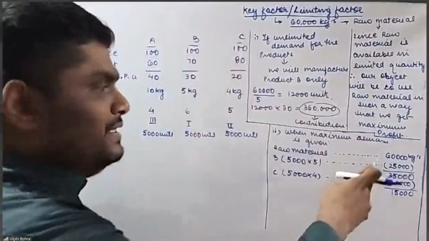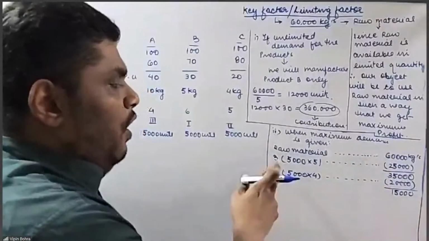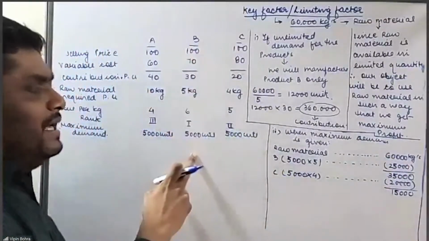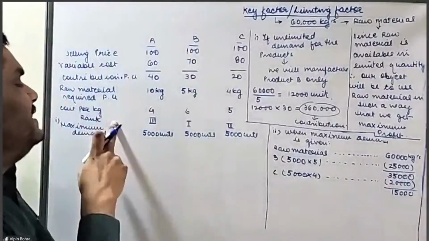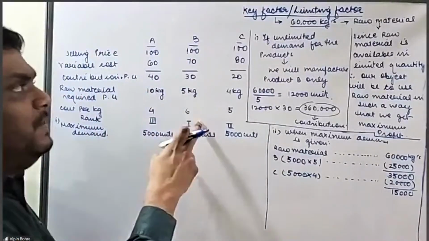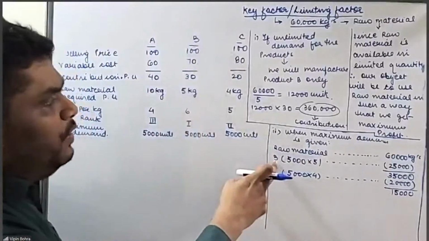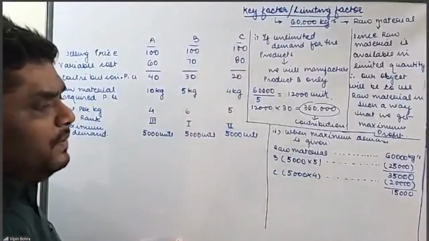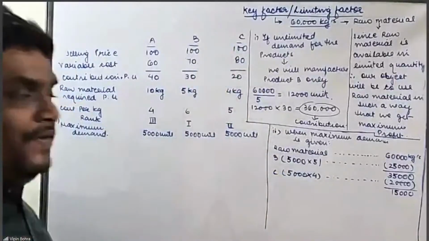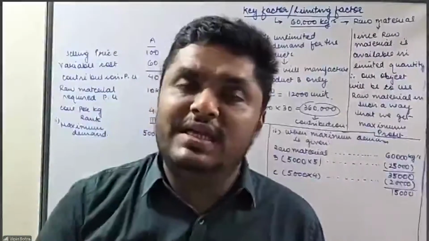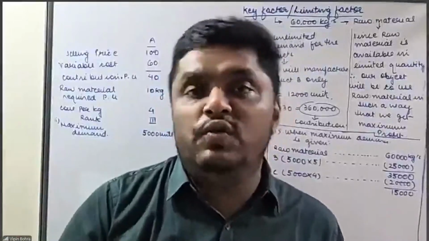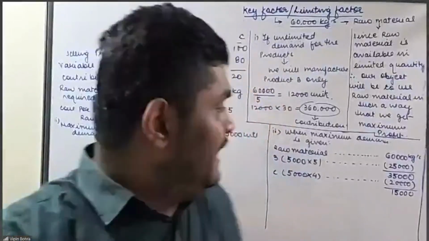Since the contribution per kg of raw material is highest in product B, first we manufacture product B, then product C. The balance will be utilized to manufacture product A.